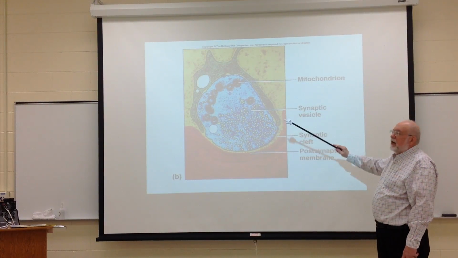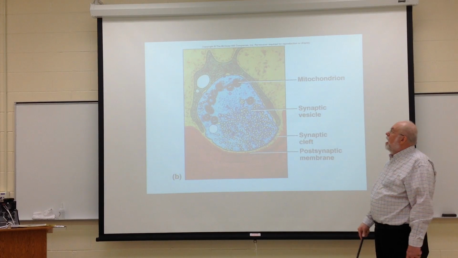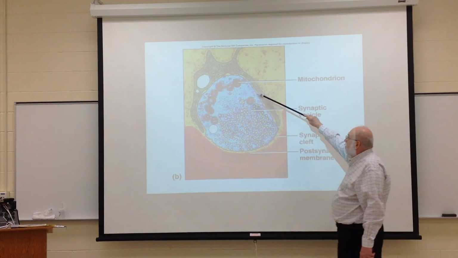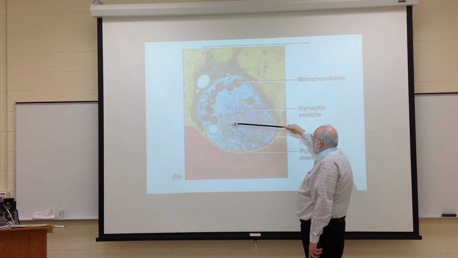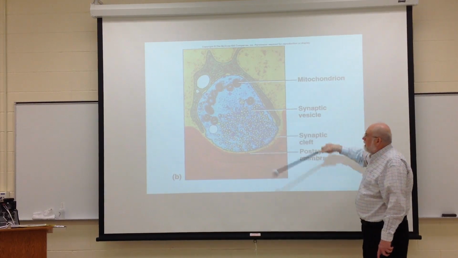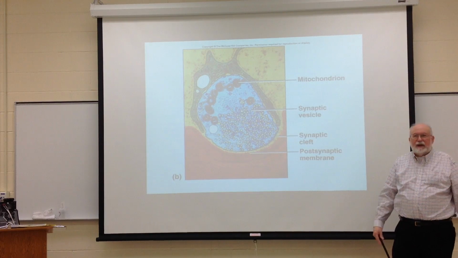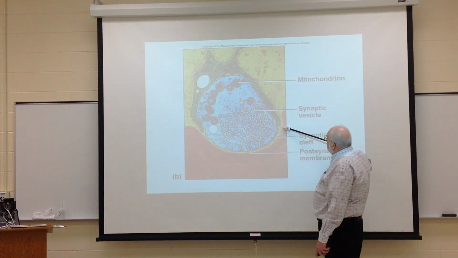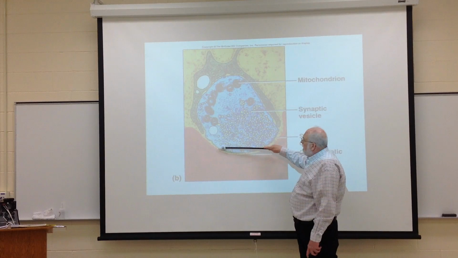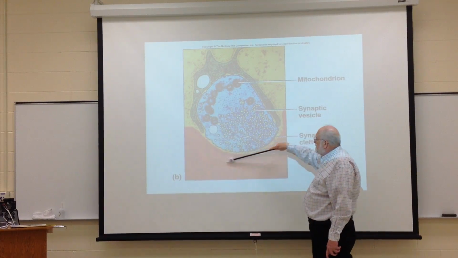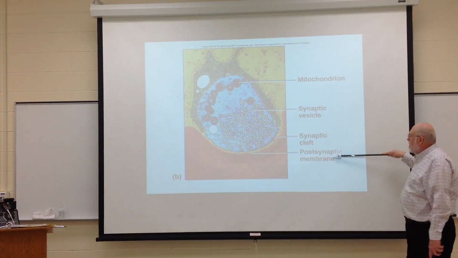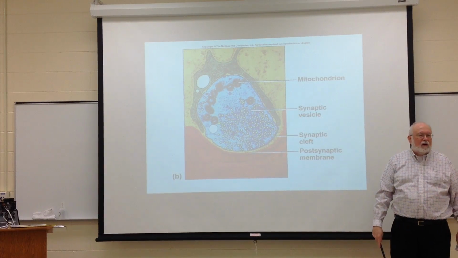And here is an electron micrograph of a synaptic knob in blue, and there in yellow, those are the little synaptic vesicles containing neurotransmitter. And then this little yellow gap here is the synaptic cleft, and this in red would be the membrane of the postsynaptic neuron.